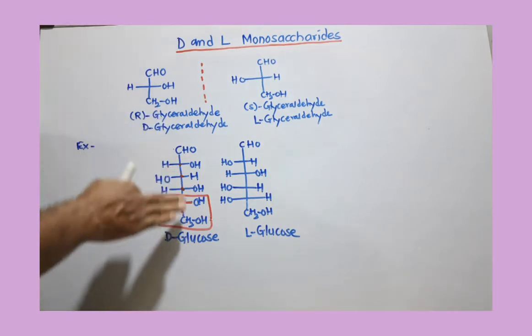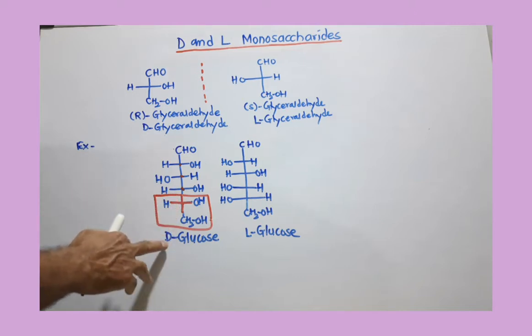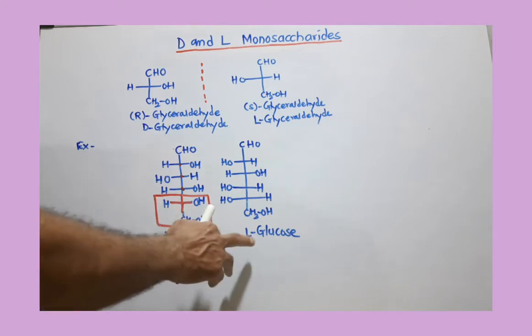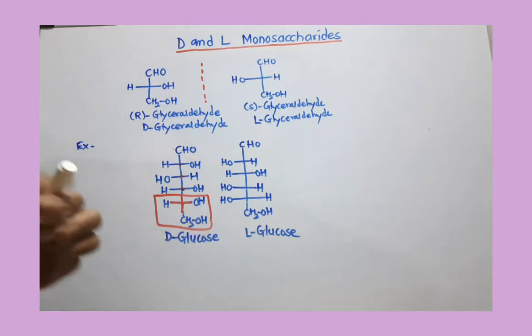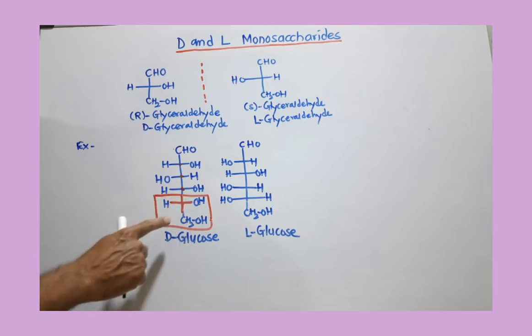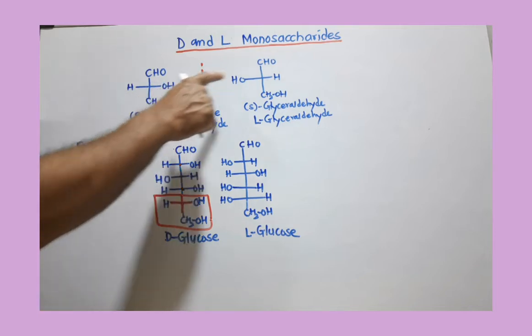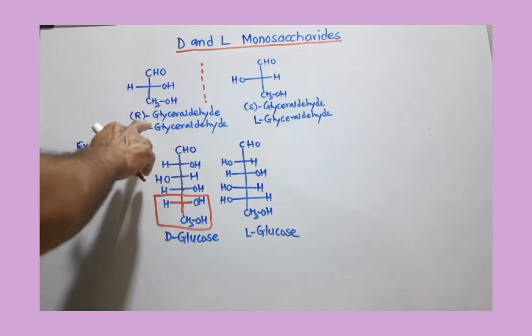So the terminal or last chiral carbon is considered to provide letter D or L to the monosaccharide. Once this is drawn, you just compare the configuration of this last chiral carbon, which is away from the carbonyl group, with the glyceraldehyde, D or L.